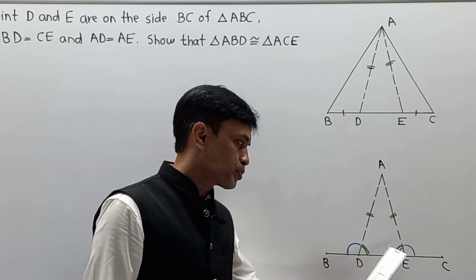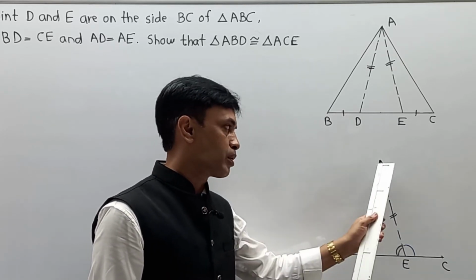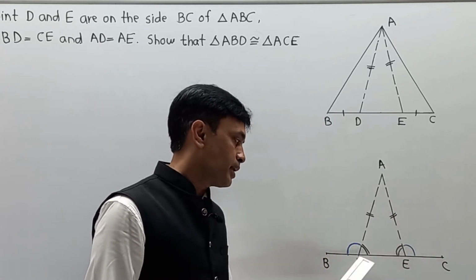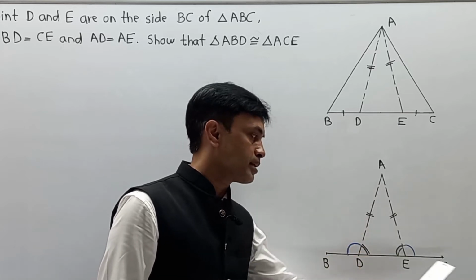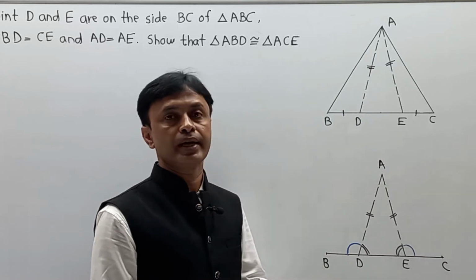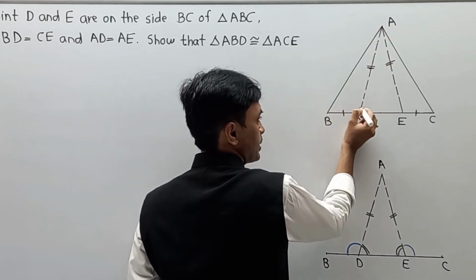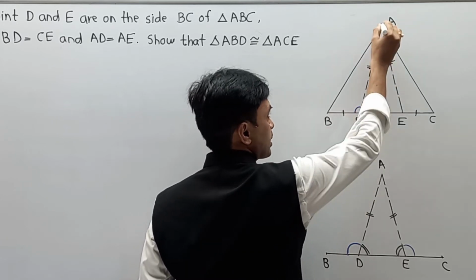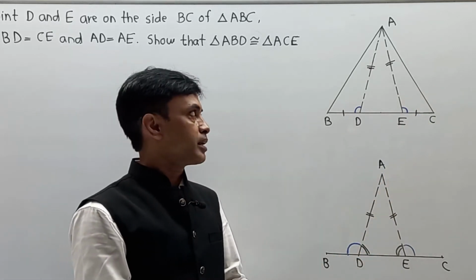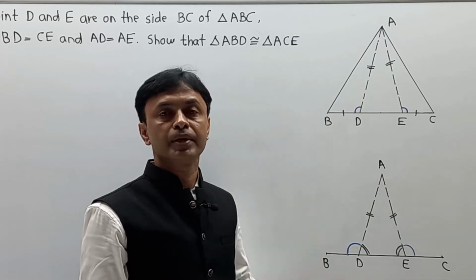If I remove the equal part, automatically we can say that angle ADB is congruent to angle AEC. These two become equal, and we introduce that in the main diagram. So angle ADB equals angle AEC, and naturally we can show these two triangles as congruent and complete the rest.